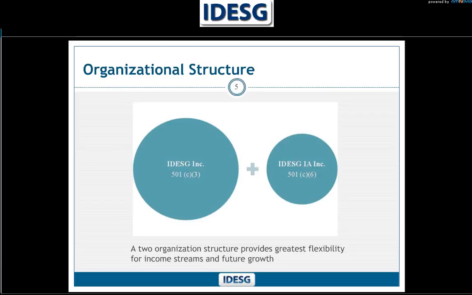For ease of exposure, and like the question that came out saying we're familiar with the C6, most people are very familiar with the C3. This should make it easier for those members to socialize that with the organizations they represent, or for individuals who are part of our membership to also understand. So the bottom line is that a two-organization structure will provide the greatest flexibility for income streams and for future growth of our organization.